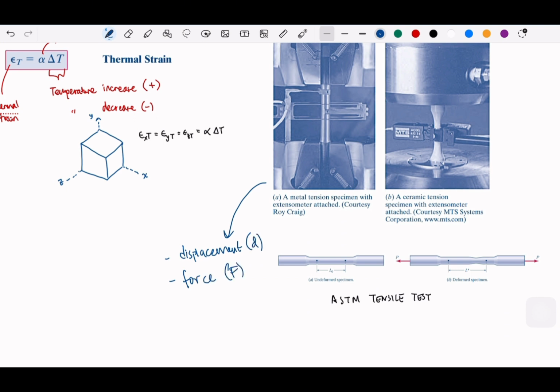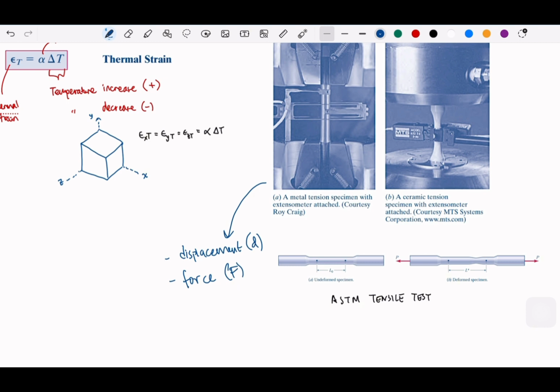So you will get D and F. We need to work with this data and then take some formulations. And I think when I was still a student, I also got to do this experiment.